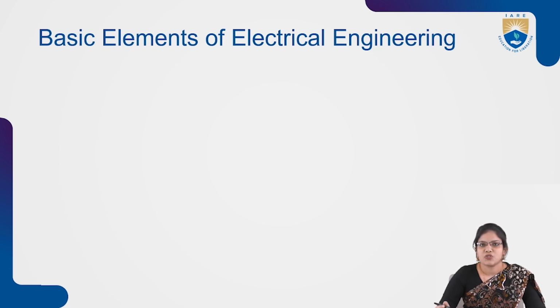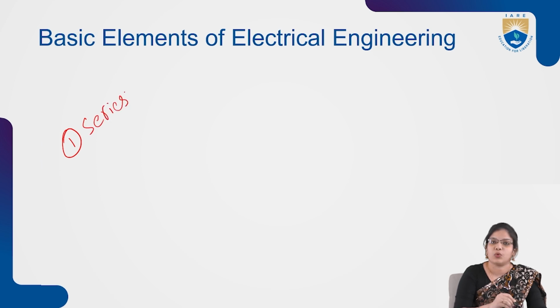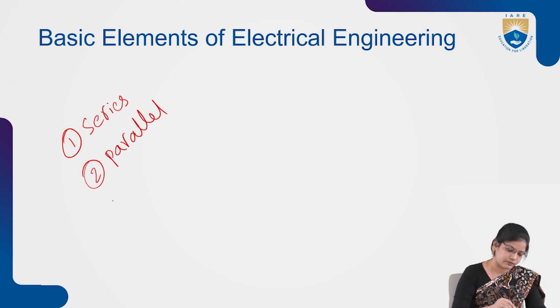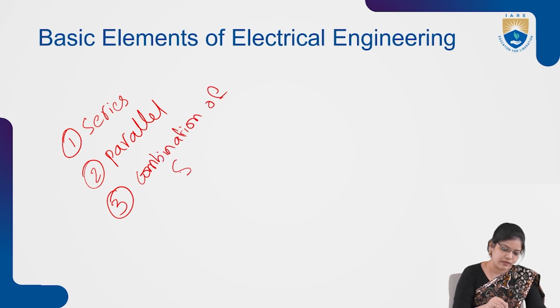The calculation of equivalent resistance is basically of three types. One will be series: once resistors are connected in series, how to calculate the resistance. The second one will be parallel. And the third one will be a combination of series and parallel.